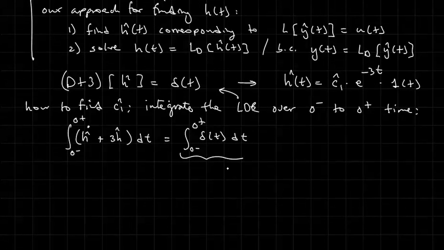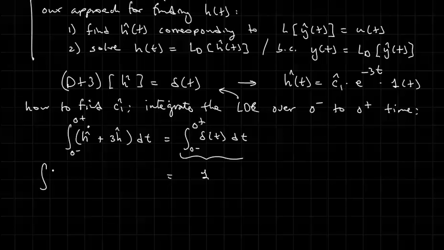On the right, by definition, the area under the impulse is 1. And since we're crossing 0 where it fires, it will integrate to 1. On the left side, we have the integral of d h hat dt, all of that times dt. So we're taking the antiderivative of the derivative, plus 3 integral of h hat of t.